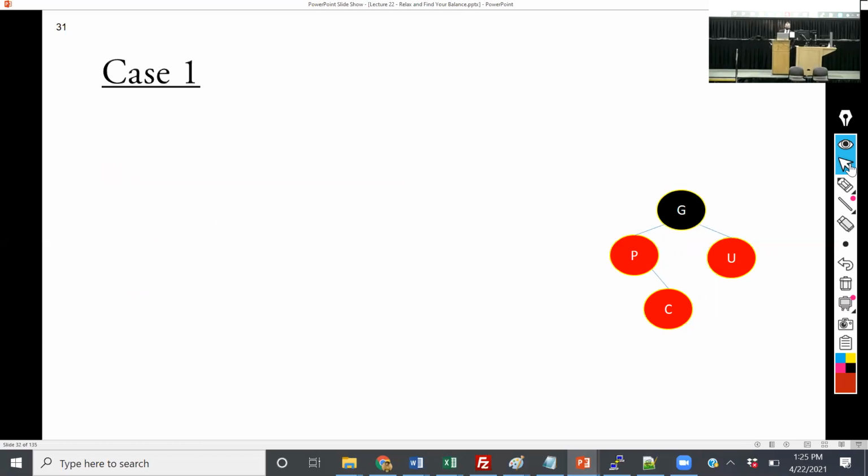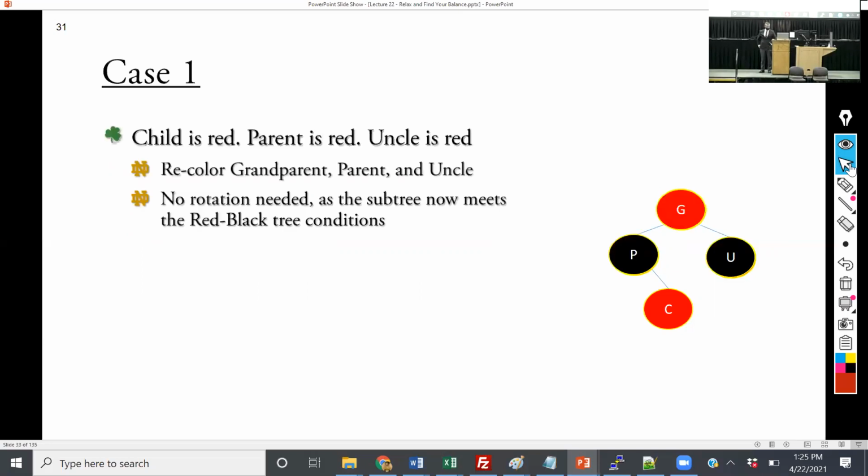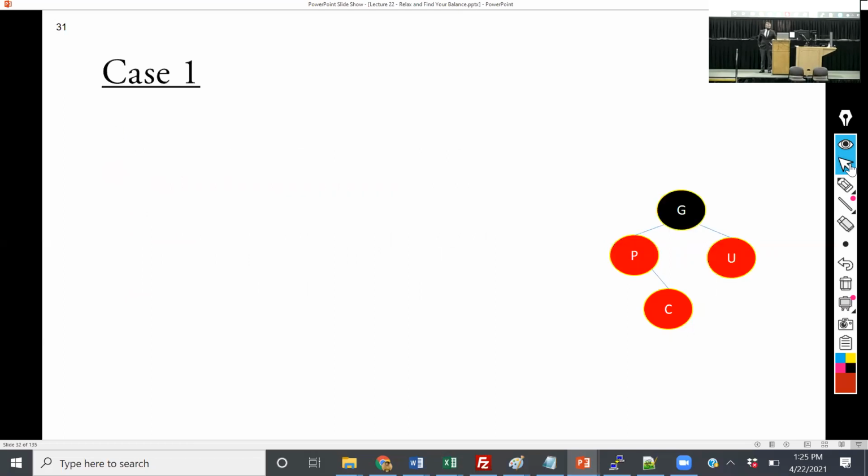Next, case 1. In case 1, the child is inserted and it has a red parent and a red uncle. So what we are going to do is recolor. I showed that example a little earlier when I moved everything over into the B tree node.